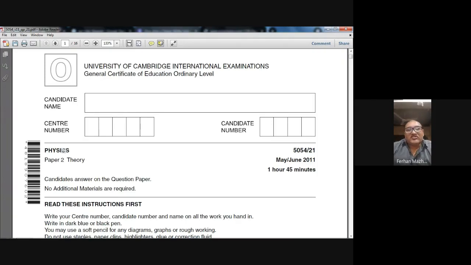In this session, we have only attempted section B of this paper. In section B, we have done question number 9, question number 10, question number 11. I have tried my best to explain the concepts. Today we have worked very quickly so that the video should be of shorter duration.